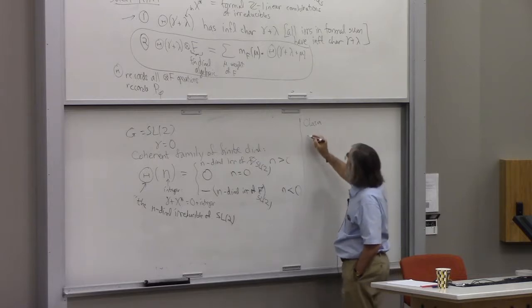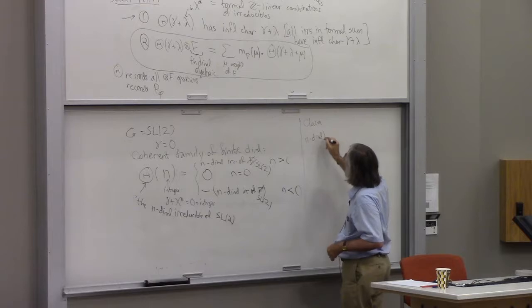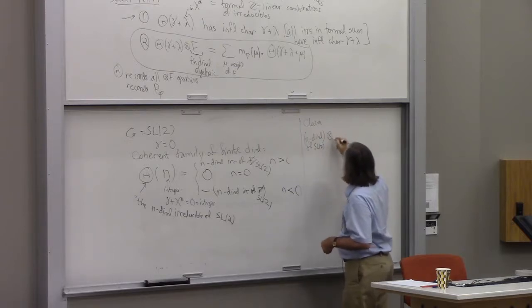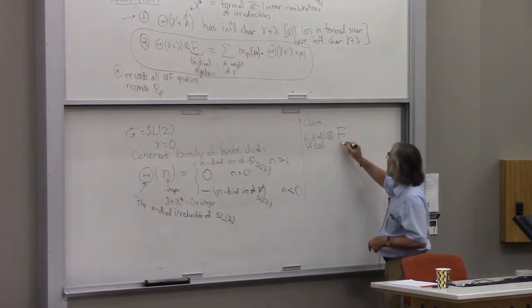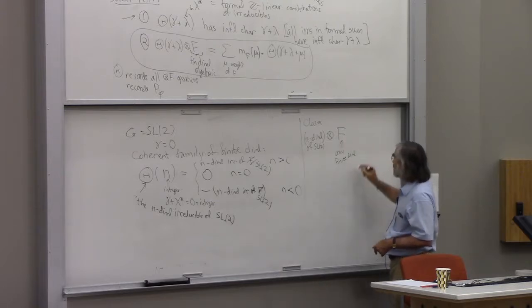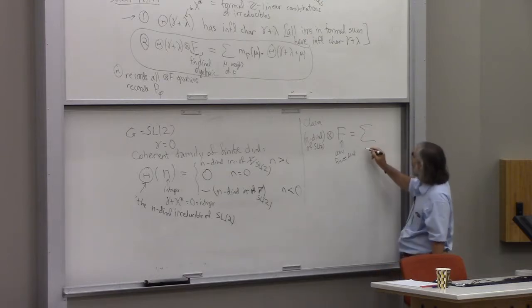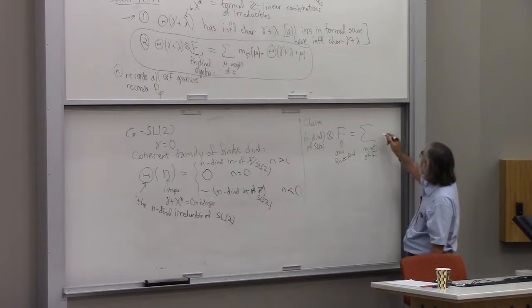that if you take the n-dimensional representation of SL2 and tensor it with any finite dimensional F, what you get is the sum over m, a weight of F, of the n plus m dimensional.